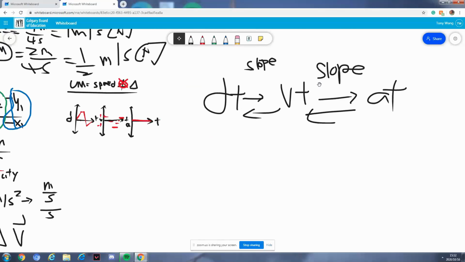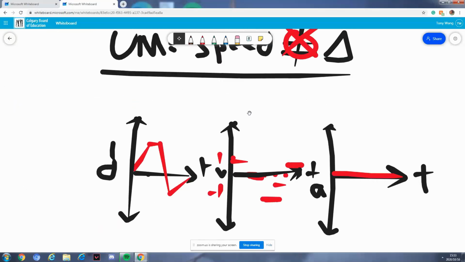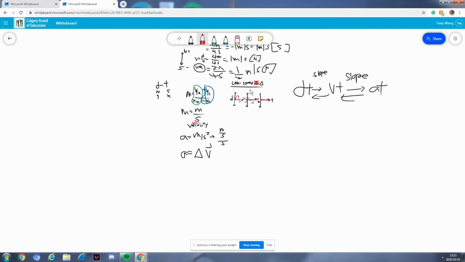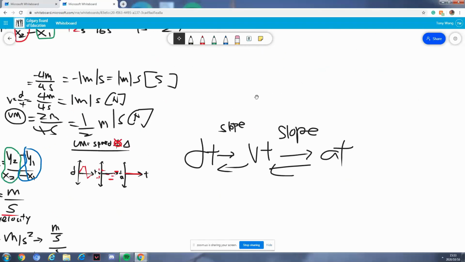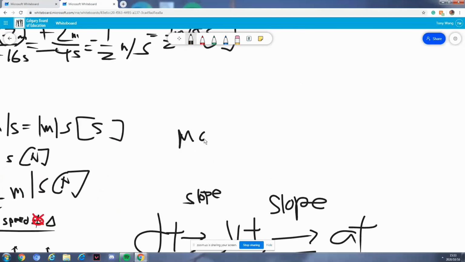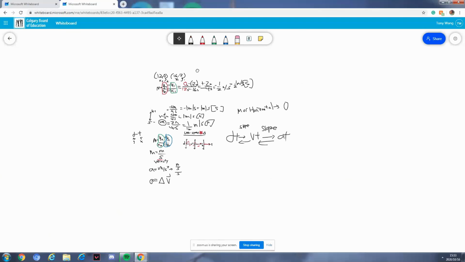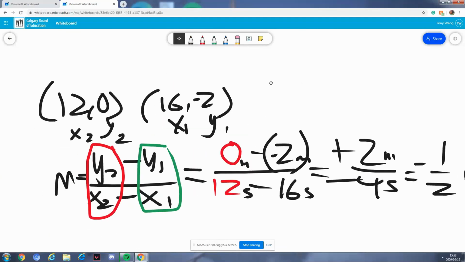All right. And then the slope of a horizontal line is always 0. You can note that somewhere. So m of horizontal is 0. And we can prove that because if it's horizontal, the y's don't change.